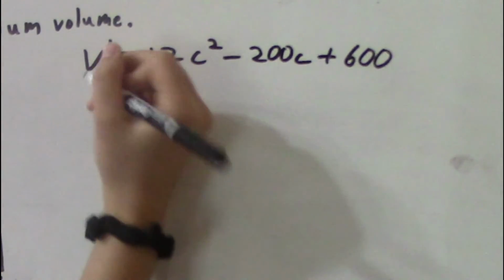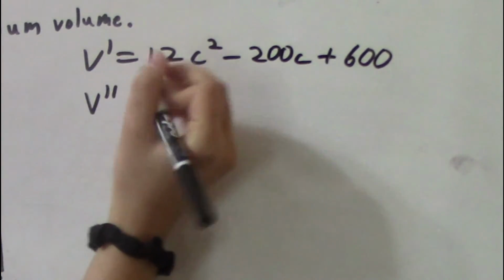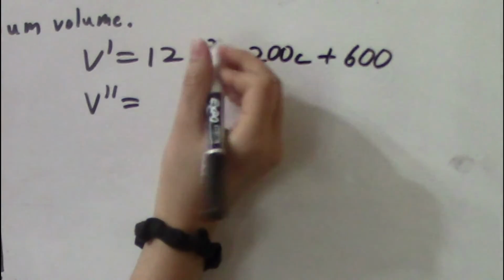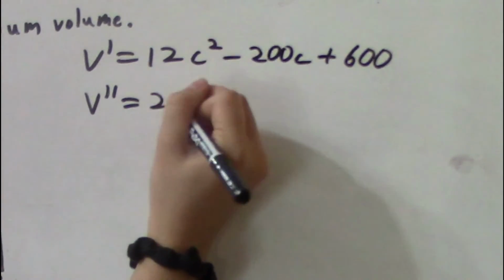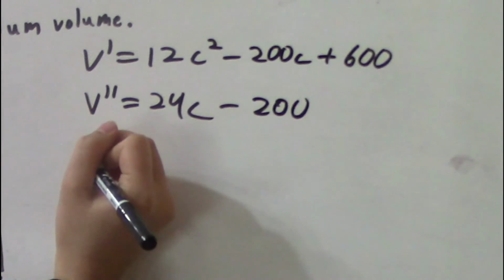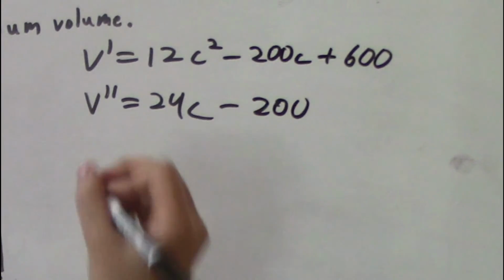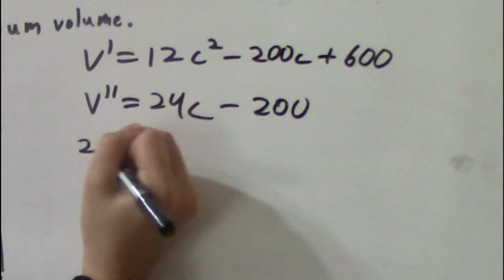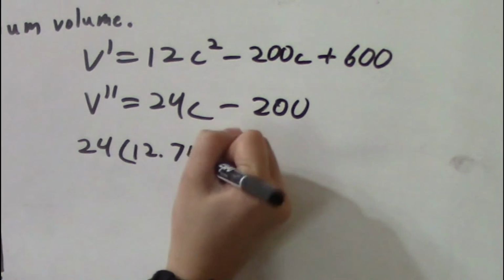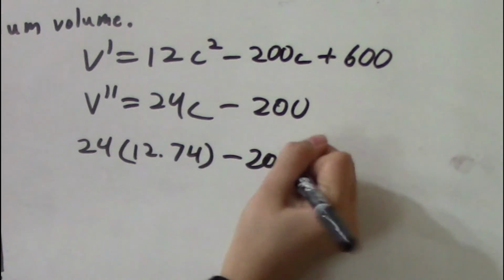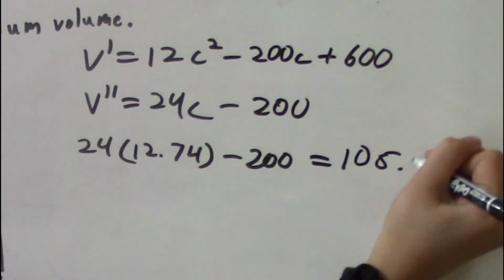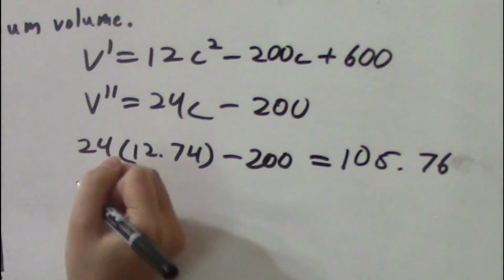We will be finding the second derivative because we have multiple critical points. So 2 times 12 equals 24C minus 200. And if we plug in the first critical point, 24 times 12.74 minus 200 equals 105.76.